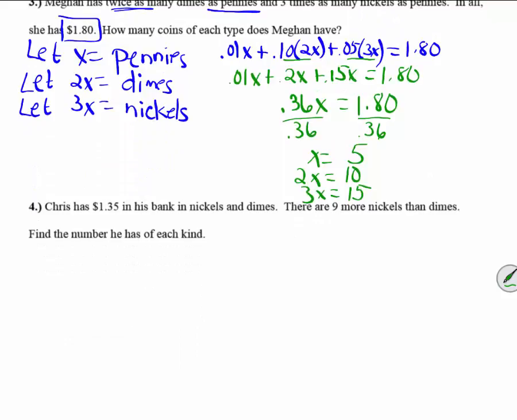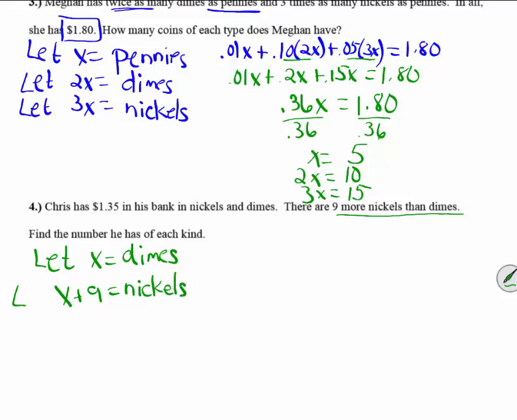All right, number 4. Chris has $1.35 in his bank and only has nickels and dimes. There are 9 more nickels than dimes, so dimes come second. So let x equal dimes. And 9 more means x plus 9 is the number of nickels. And we have $1.35 altogether. So dimes are worth 10 cents, so 0.10x.